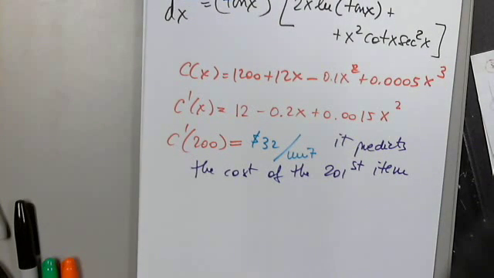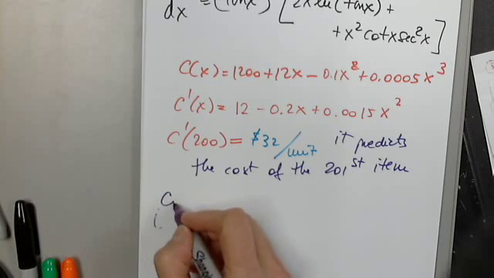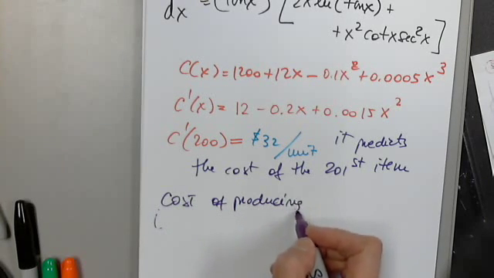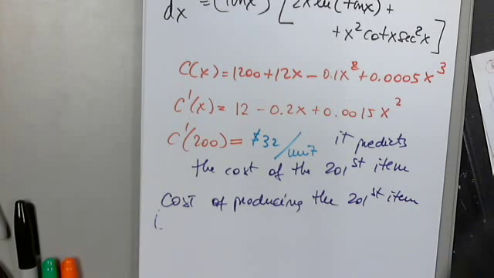Okay, compare your answer from part B with the cost of producing the 201st item. So cost of producing the 201st item. How do I determine that? The exact cost. So what will that be?